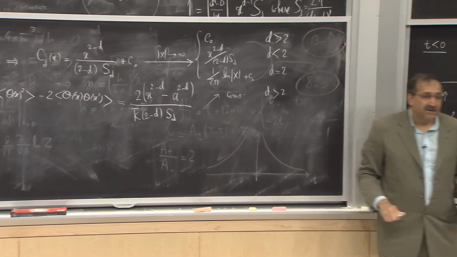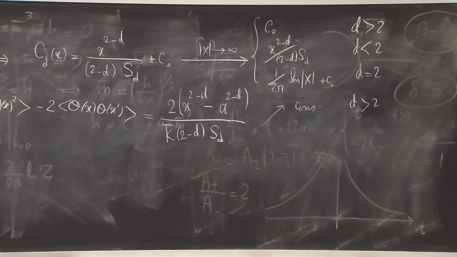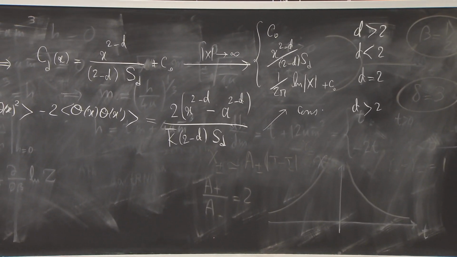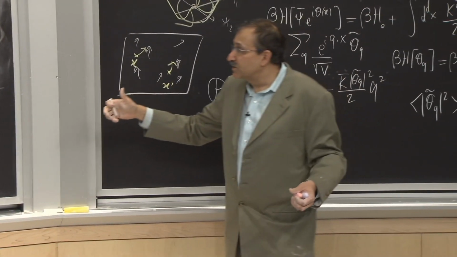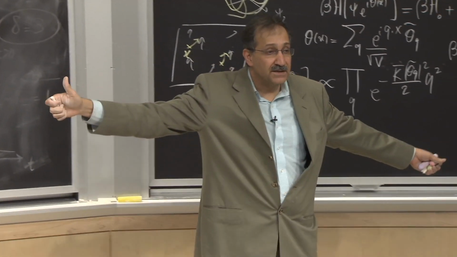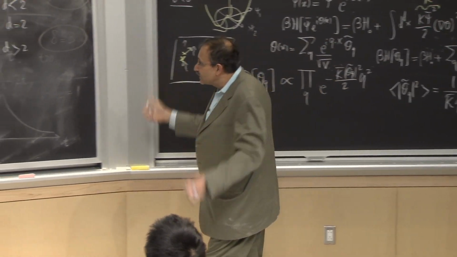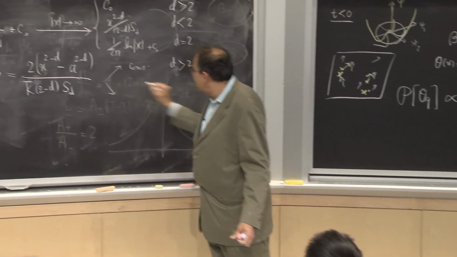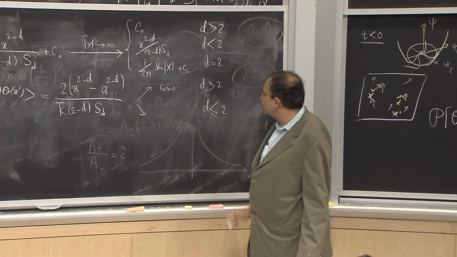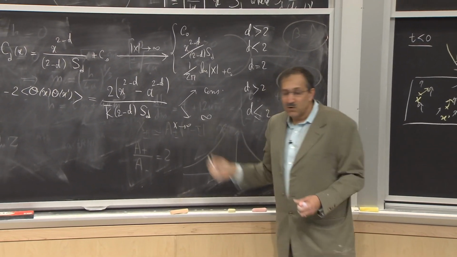Which means that if I'm in 3 dimensions, the fluctuation in phase between one place and another place are not necessarily small or large, because I don't know what the magnitude of this constant is, but they are not getting bigger as I go further and further along. Whereas no matter what I do in d that is less than or equal to 2, this thing at large distances blows up.